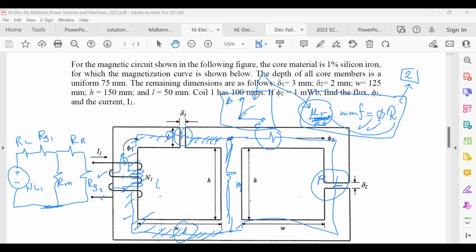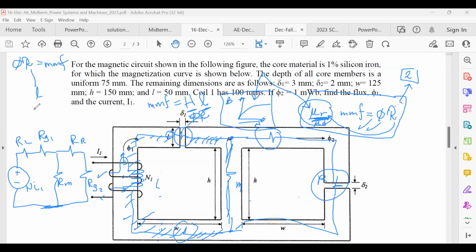If you have the BH curve, you are going to use the MMF for the iron part equals H times L. L is the length, H is the magnetic field intensity from the BH curve. Never use phi times R for the iron part, all I'm talking about now is the iron part. For the air gap, we always use phi times R. The MMF for the air gap is always phi times R. Why?